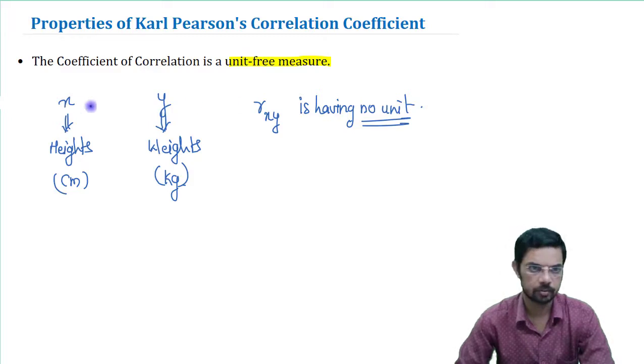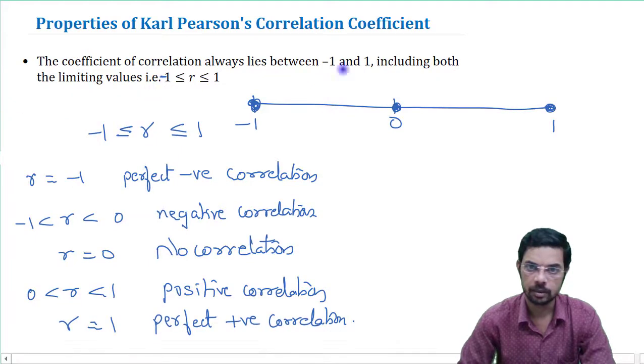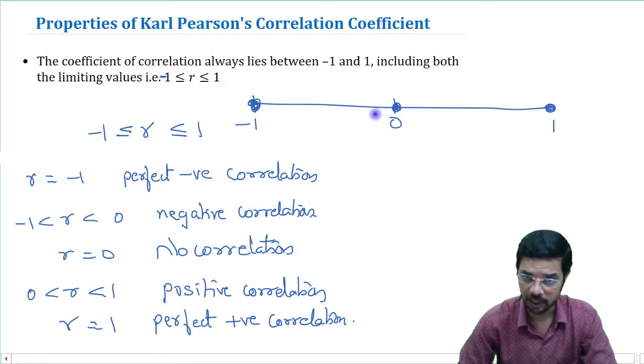The property also says that it lies between minus 1 and 1. Consider this number line here. r, the coefficient of correlation, lies between minus 1 and 1. If r is equal to minus 1, we say it is a perfect negative correlation. If it lies between minus 1 and 0, we say it is a negative correlation.